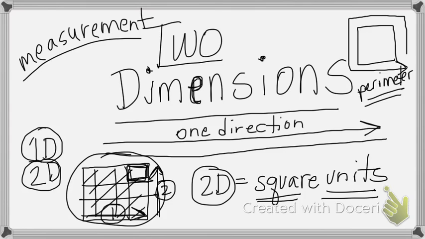You can do the area of a hexagon, a circle, a triangle, and some of these things you may know already, but I just thought I'd clarify this idea of dimensions, and we'll be working in two dimensions right now when we're talking about these scale drawings.